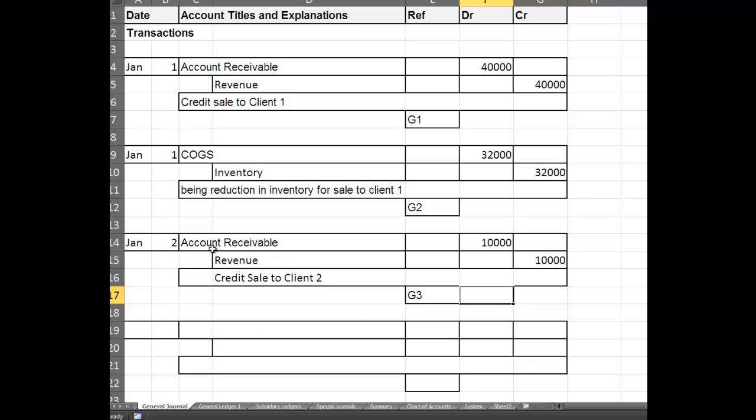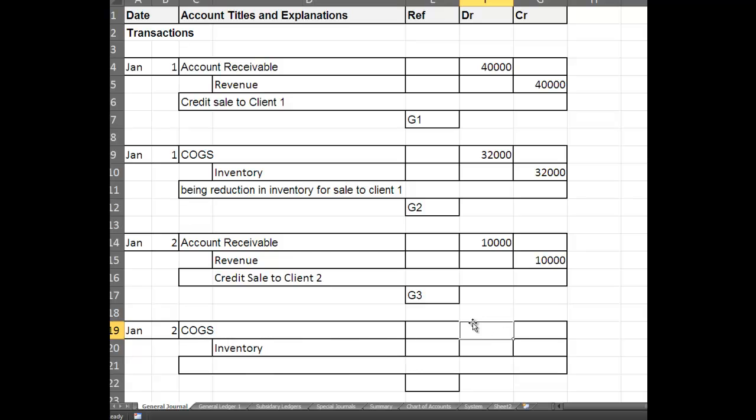Now, because we have made this sale, we also need to recognise at the same time that we've had a reduction in our inventory. So again, we'll have a credit to the inventory, and a debit to the cost of goods sold. What's the amount of this? We know that our cost of goods sold is 80% of our sales revenue.